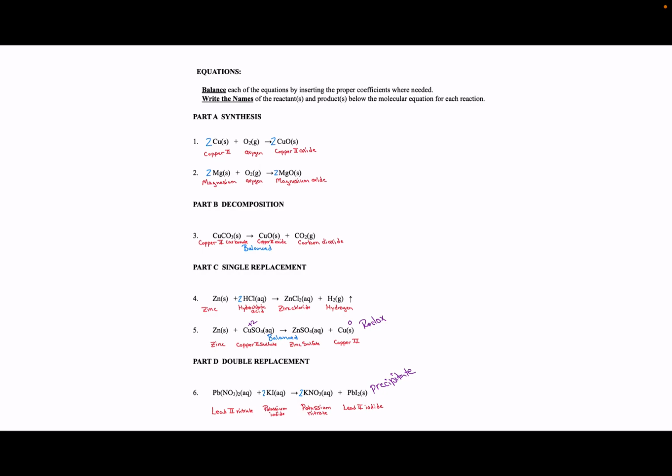LEO GER: lose electrons, oxidation; gain electrons, reduction. So it's a little way of remembering that. Double replacement reaction, which was KI. Anytime that you have a nitrate, nitrates are always soluble, and I'll show you those rules too. So the yellow stuff that you were seeing was actually the lead iodide.